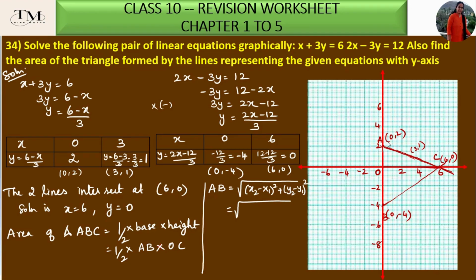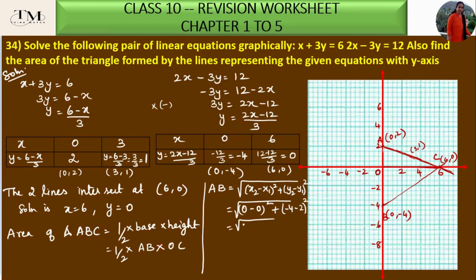Here the x coordinates are 0, so 0 minus 0 whole square plus y2 minus y1. The y coordinates are minus 4 and 2, so y2 is minus 4 and y1 is 2. So minus 4 minus 2 whole square.